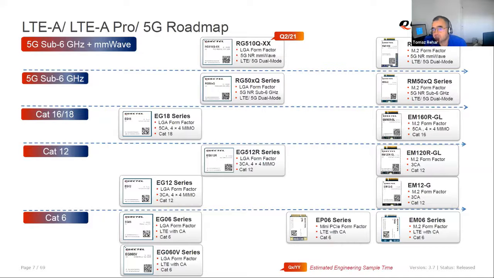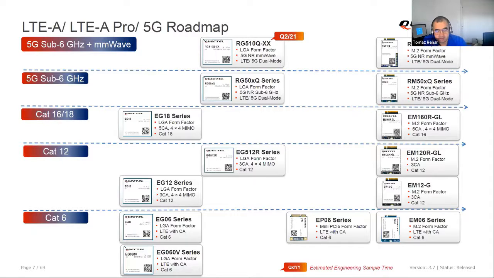And then 5G modules are starting. We have sub-6 GHz and sub-6 plus millimeter wave modules. In general, modules are split between standalone modules and modules with a mini PCIe or M.2 interface.